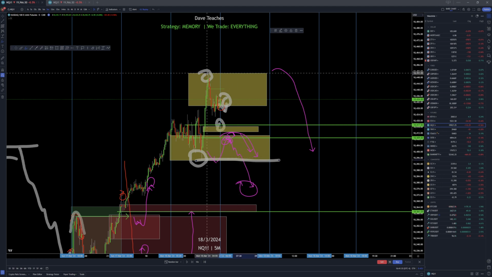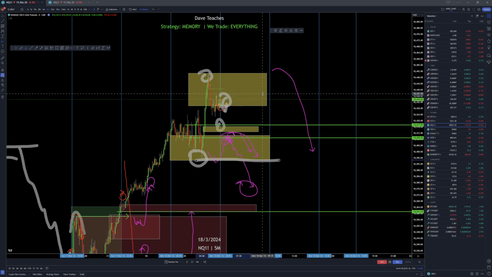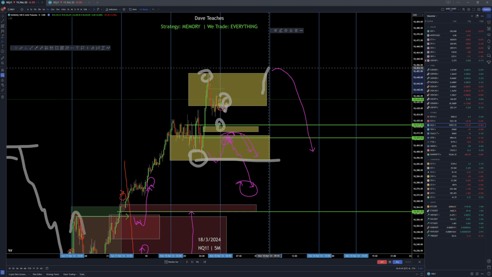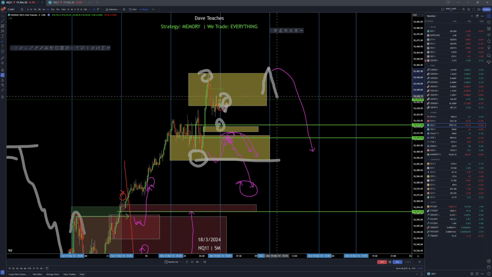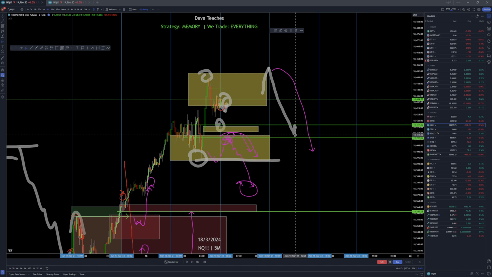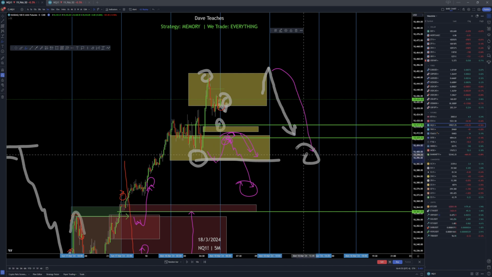Both have a wick. So we'll see, this is the 6 p.m. candle. Remember, New York open is in this 6 p.m. candle, right? So we'll see if the 6 p.m. candle moves that way for the next 4-hour candle to head that way.